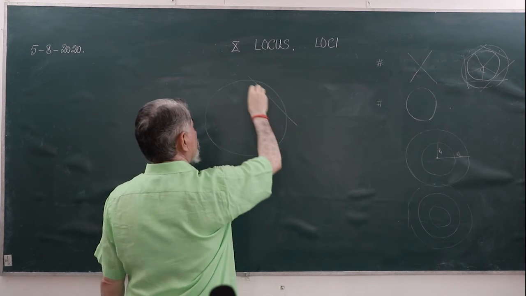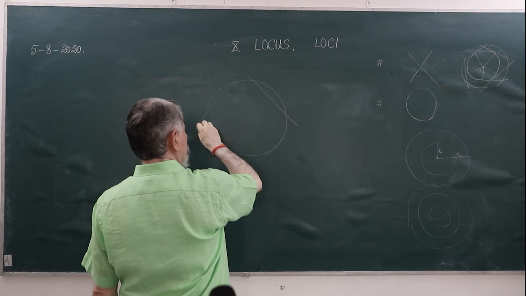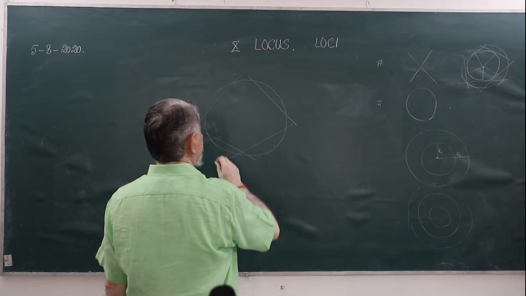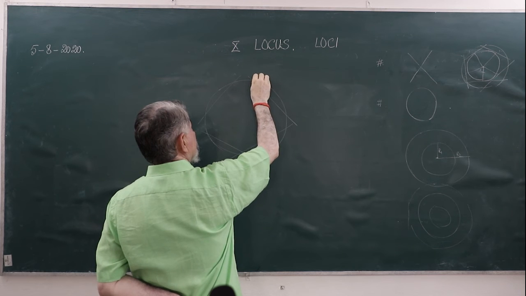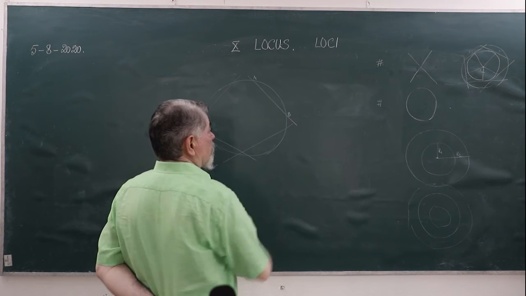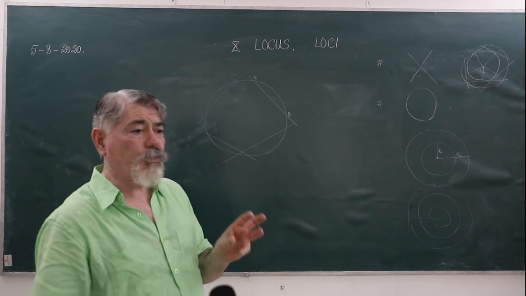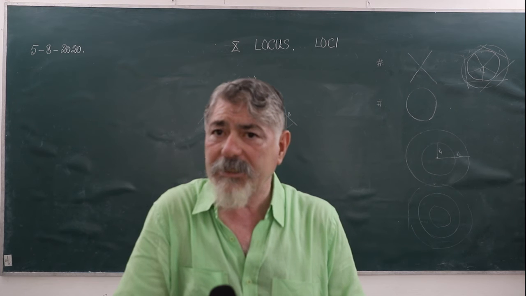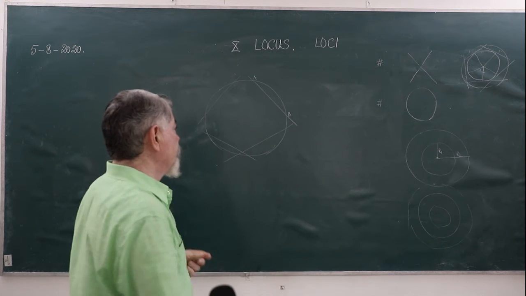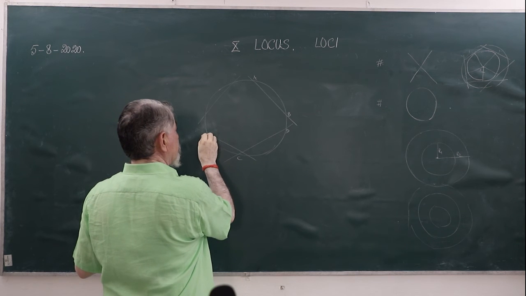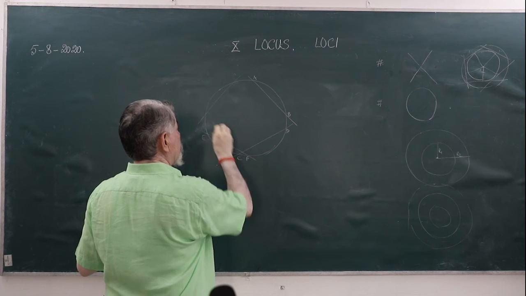Suppose this chord, this chord, this chord and this chord. All chords are of equal length. When I say chord, this is AB. If any 2 points on the circumference of a circle are joined by a straight line segment, that is called a chord. For example, this is CD, this is EF, this is GH.